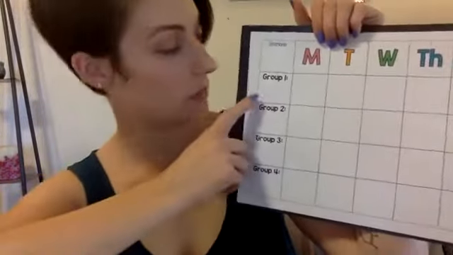For small groups, the 5th group of the week is meet with the teacher, doing guided reading with the small readers. I'm going to be meeting with a group every day with the small guided readers. I haven't filled mine out yet, but say this is my low group.